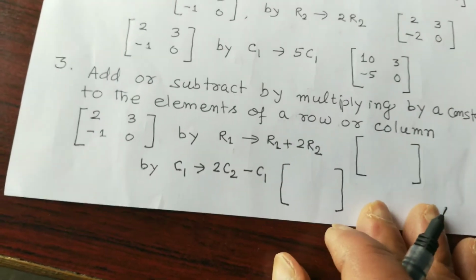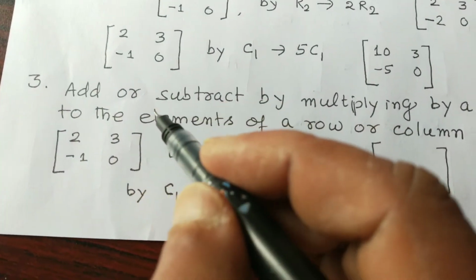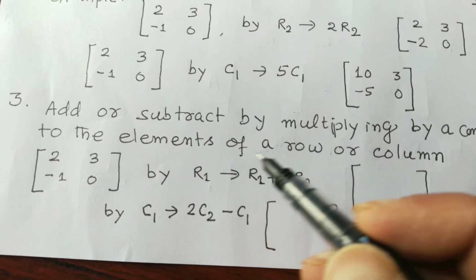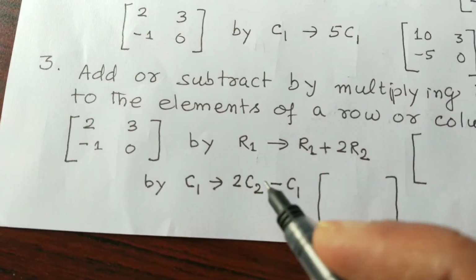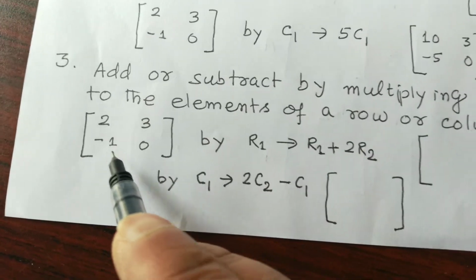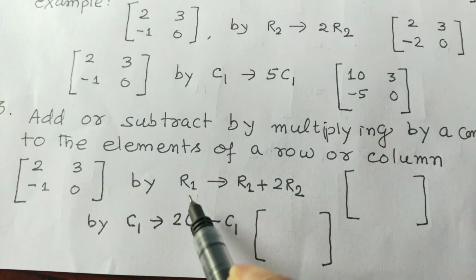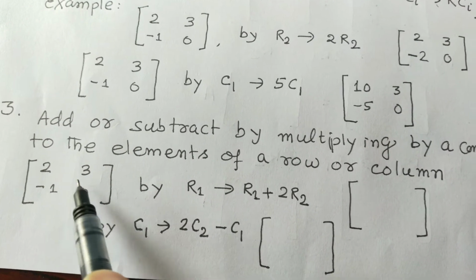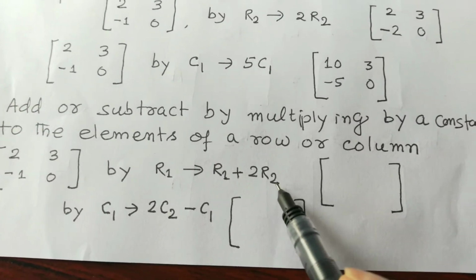Okay. The third process which is allowed for elementary operations is to add or subtract, by multiplying by a constant, the elements of any row or any column. Say for example, the same matrix I have taken, 2, 3, minus 1 and 0. I want to obtain row 1 by operating row 1 plus twice of row 2.